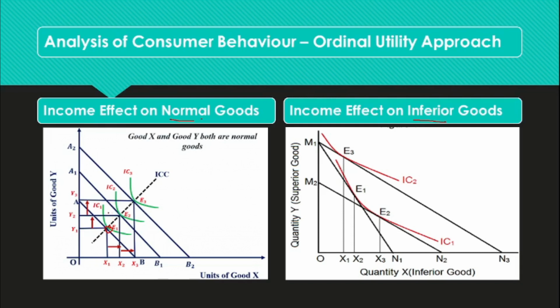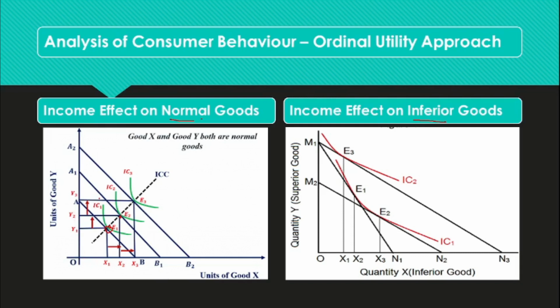So the budget line shifts to A1B1 and it becomes tangent with the higher level of indifference curve, that is IC2, and here we get the new equilibrium. And from there, if we draw a line, then we will see that on the x-axis the new quantity is OX2, and on the y-axis we have a new quantity of OY2, which is greater than the previous one.